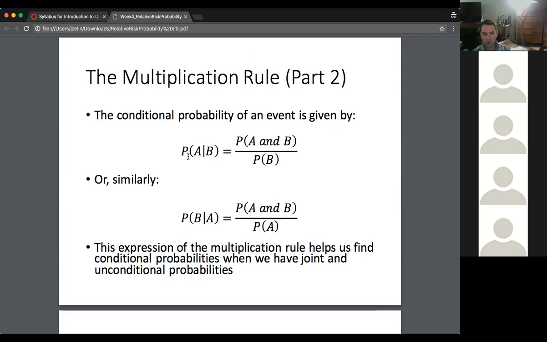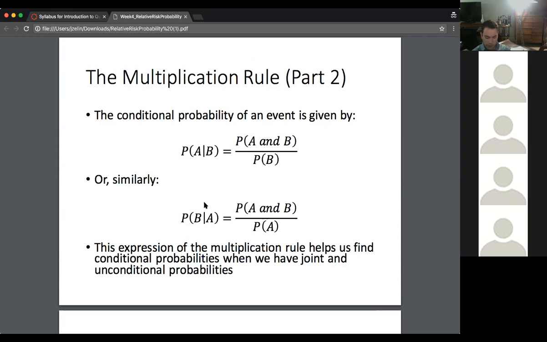So if I asked you to find the relative risk from a probability table, you might have to first calculate the two conditional probabilities that you need, which remember, in the numerator you're looking at the probability of an outcome occurring given that you're exposed, and the denominator would be the probability of that outcome occurring given that you're not exposed.